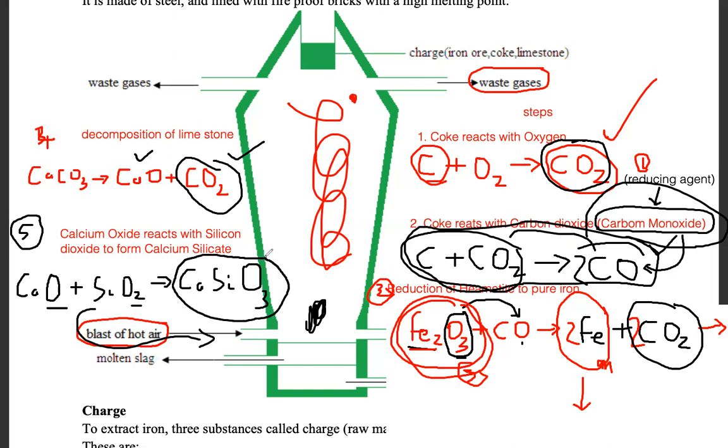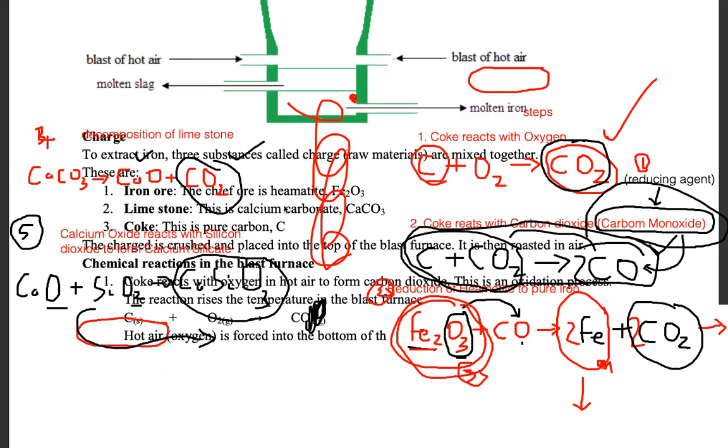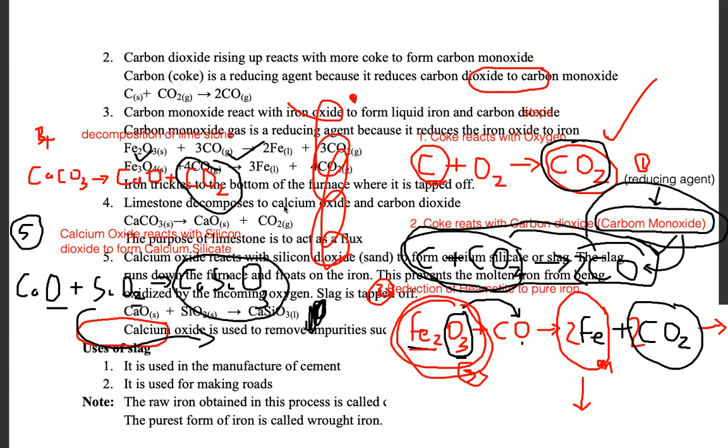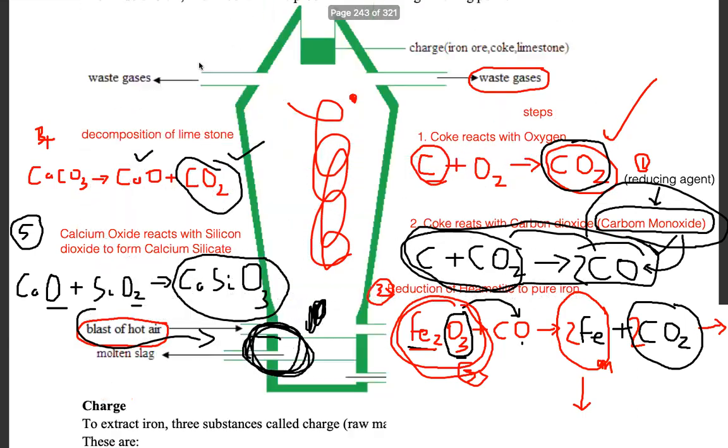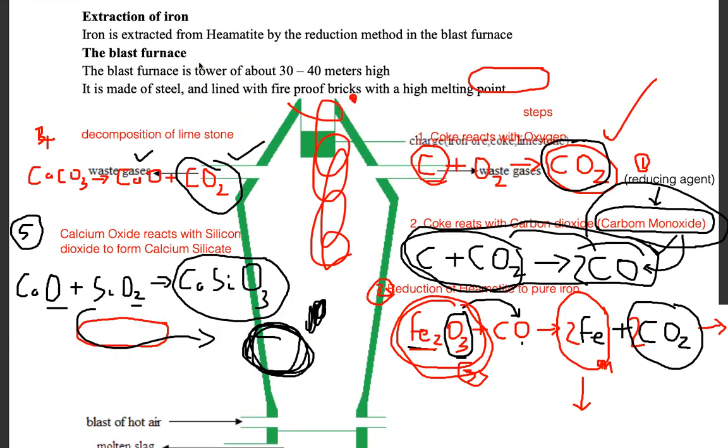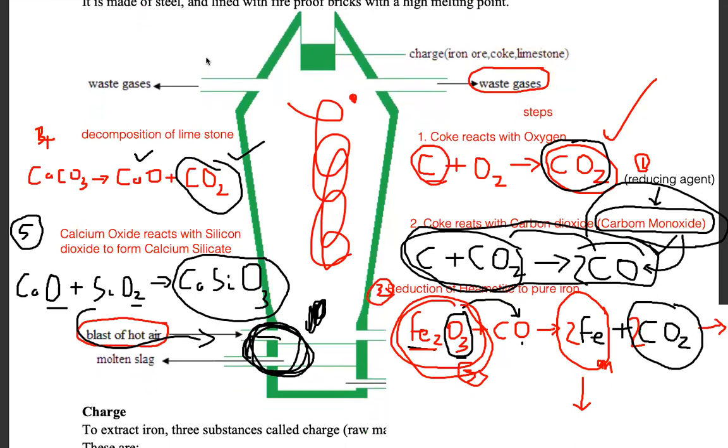Unless there's something wrong with my valences, let me just check it out. Calcium silicate. I was right, it's already here. This is our calcium silicate. Now, this calcium silicate is actually an impurity, and it is known as slag.